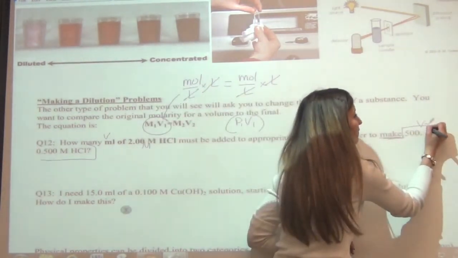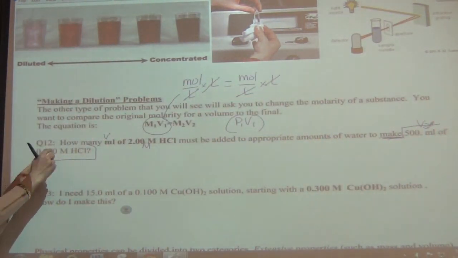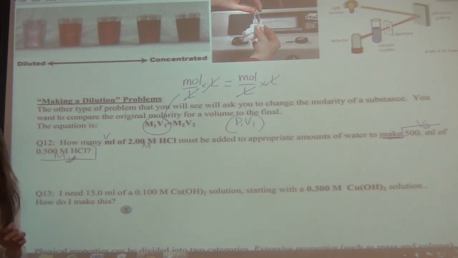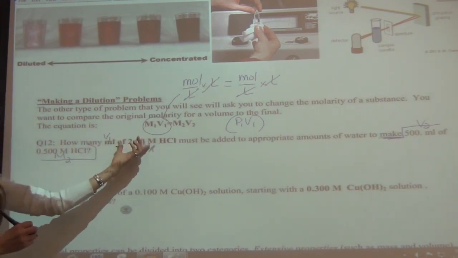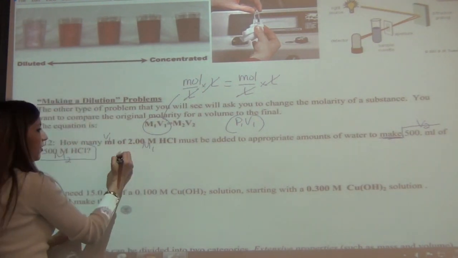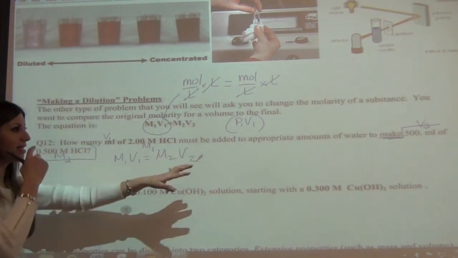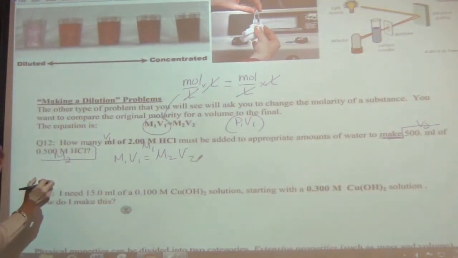So we're going to call it V2, and if we call that V2, then we would also call this M2. But really, when you're going to do your calculation, it doesn't matter. So then we're going to call this V1 and M1, as long as you put the correct ones together. It's not going to matter algebraically. So let's write our equation. It's M1V1 equals M2V2. And leave a little bit of space on the right side because we're going to write a statement out.